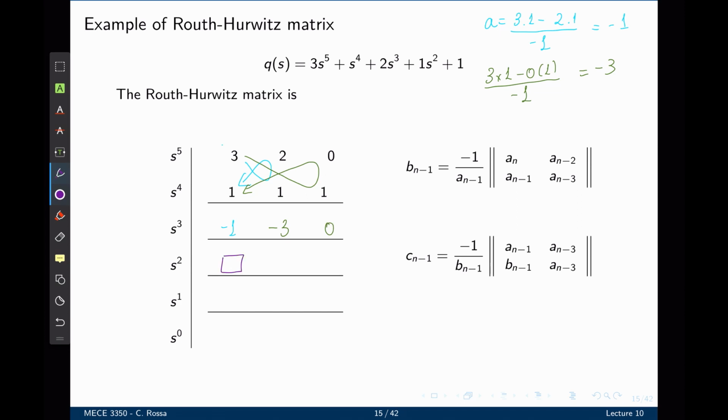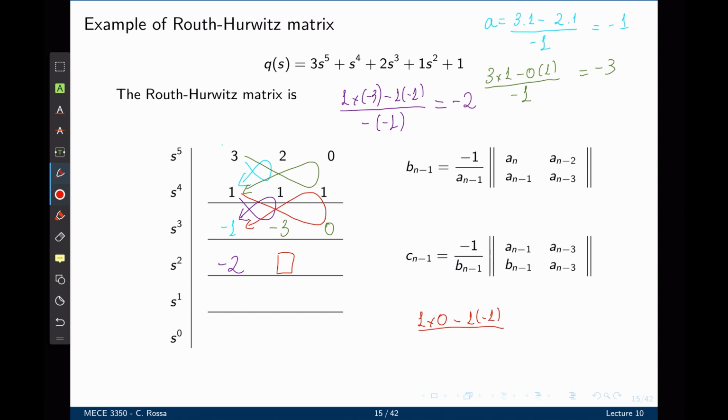Now let's go to this cell. The pattern we need is there. 1 times -3 minus 1 times -1 divided by -1. And this is -2. Moving on to this cell, now we have to stretch that pattern by 1 column. And this will be 1 times 0 minus 1 times -1 divided by -1, which is +1. The next cell is 0. And we can now move down to this.